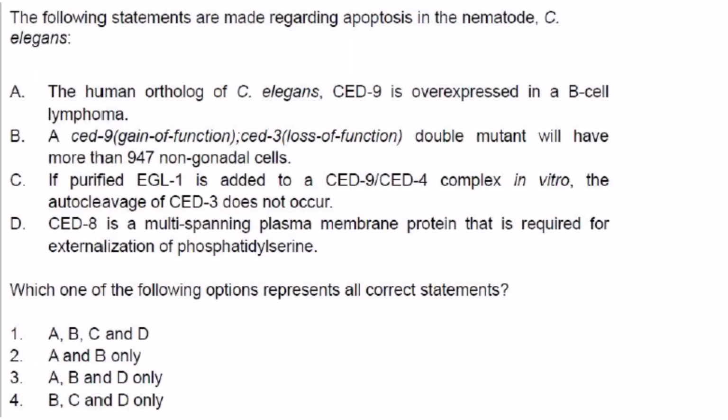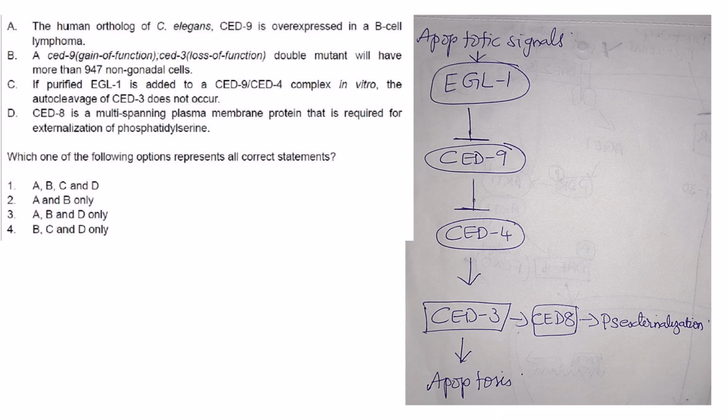Then next one is regarding apoptosis in C. elegans. The following statements are made regarding apoptosis in the nematode C. elegans. You have to find the one which represents all correct statements. When C. elegans receives apoptotic signals, EGL1 activates and inhibits CED9, which is an anti-apoptotic protein.